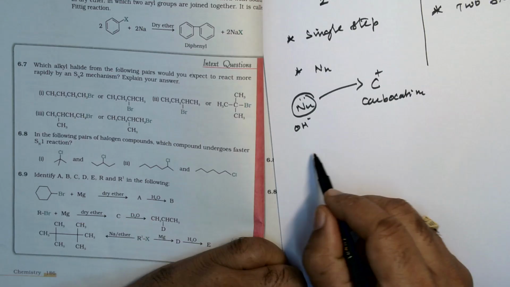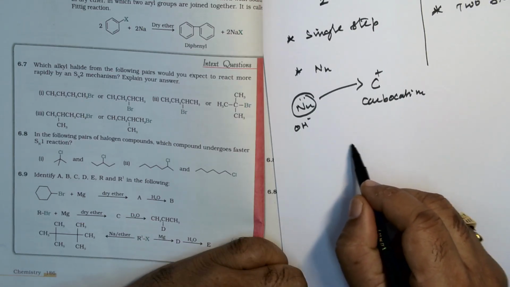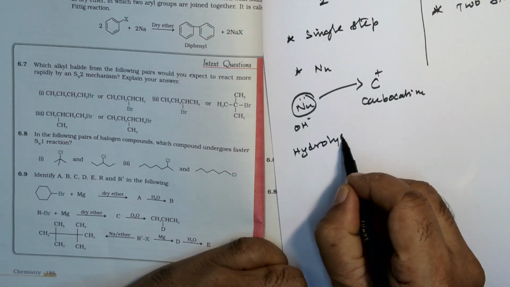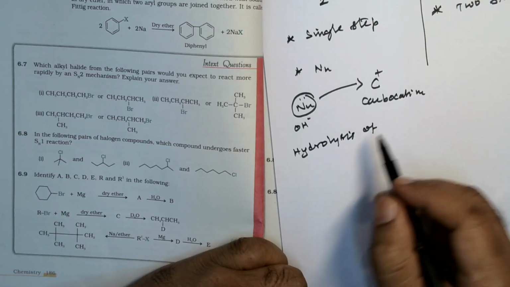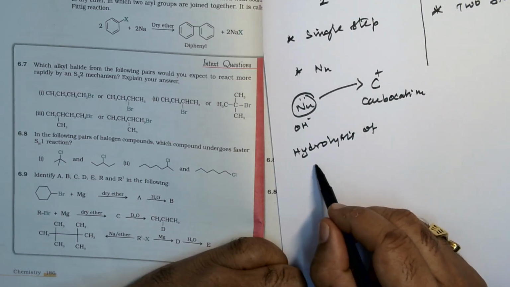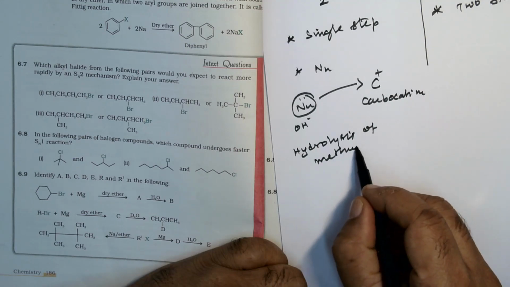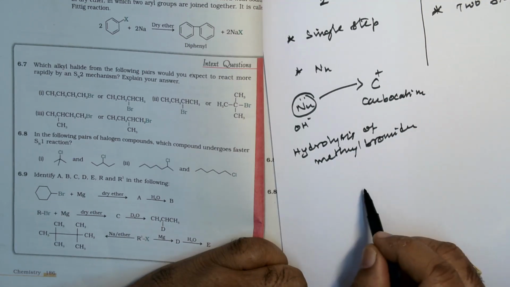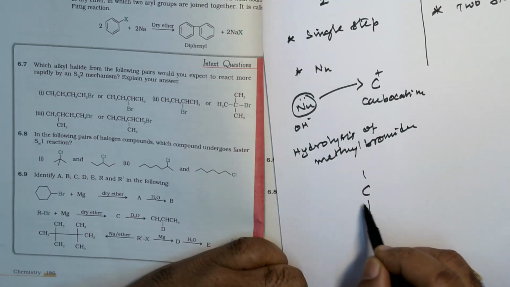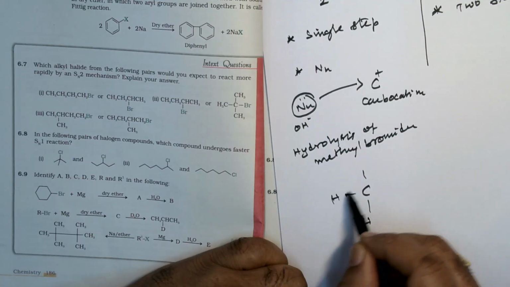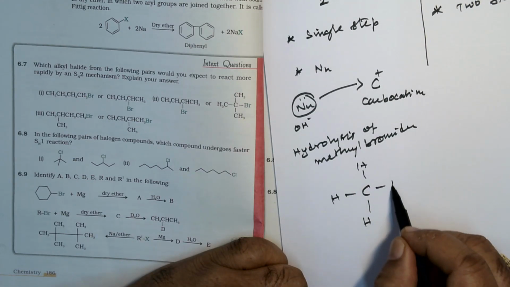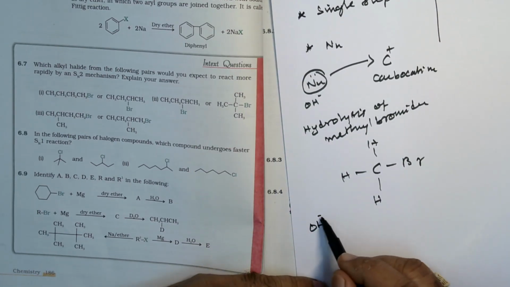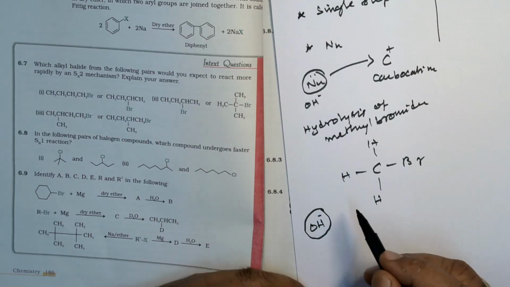For example, let us consider the hydrolysis of methyl bromide. So here, CH3Br. Now the attacking species is OH minus, that is the nucleophile.